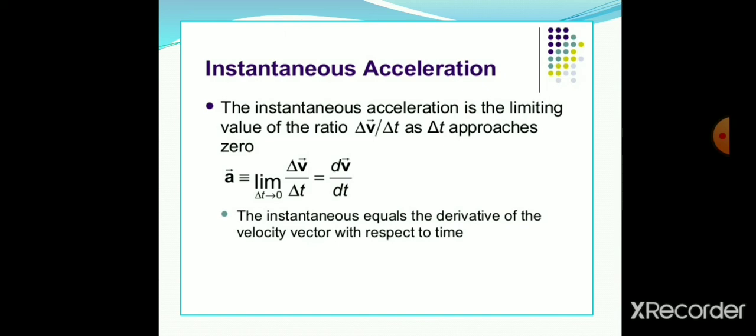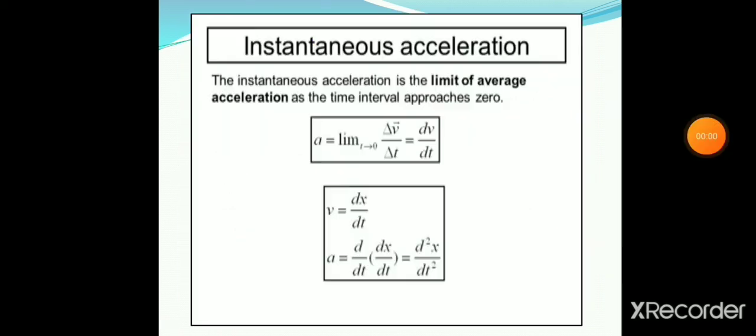The instantaneous acceleration is equivalent to the derivative of the velocity vector with respect to time. It is the limit of average acceleration as the time interval approaches 0.